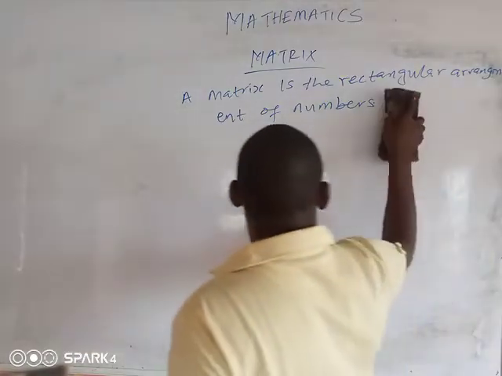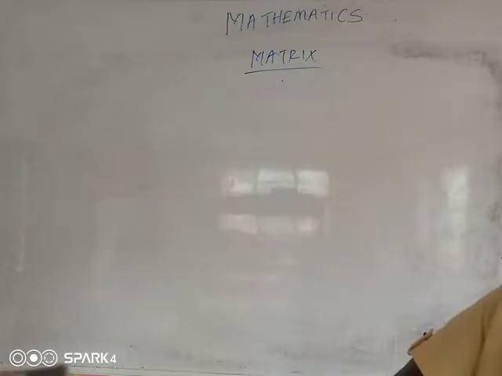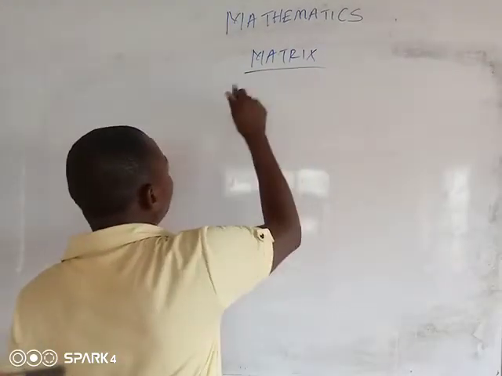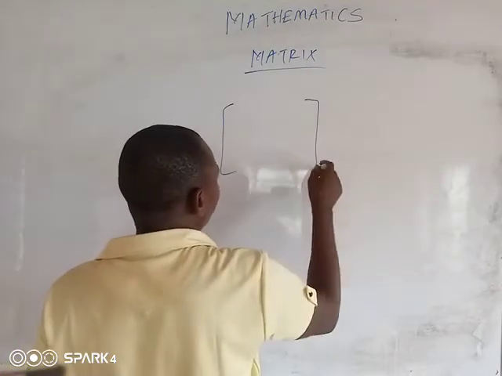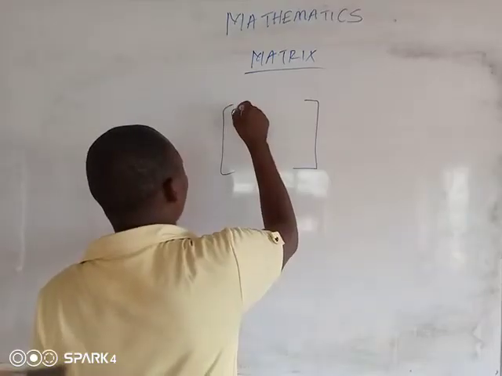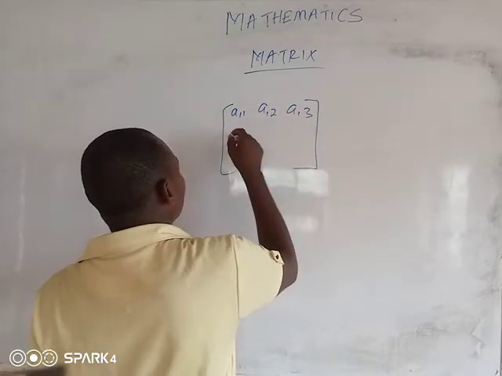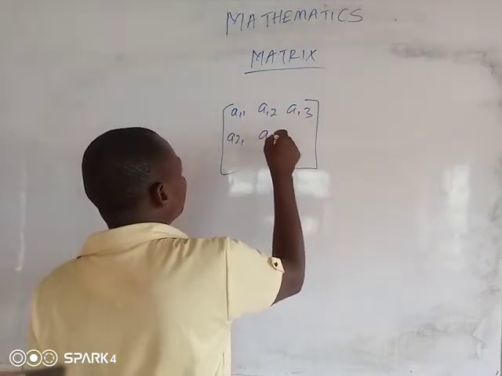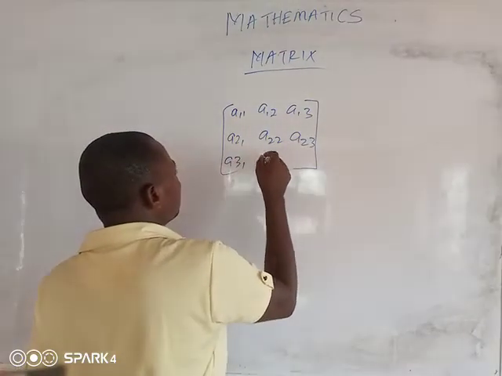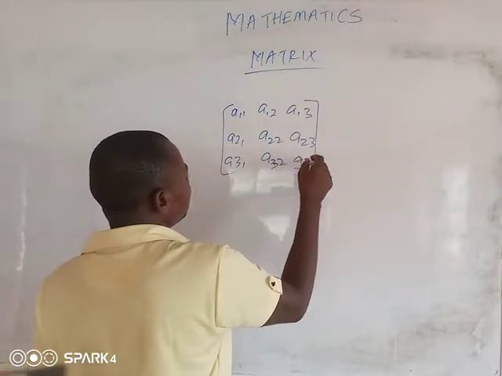Now, in matrix, if we are to arrange numbers, it can be in this form. We are going to have a square bracket where we have A11, A12, A13, A21, A22, A23, A31, A32, A33.